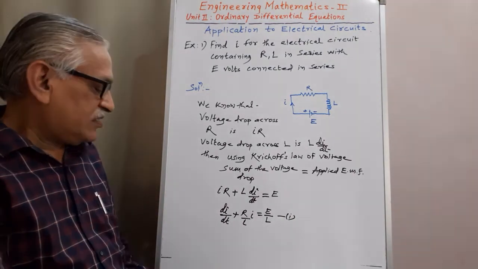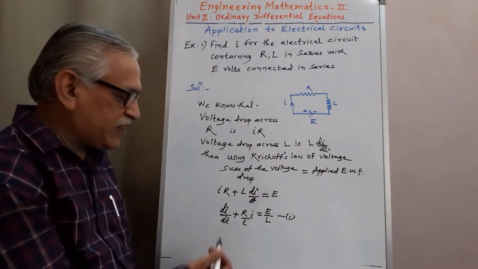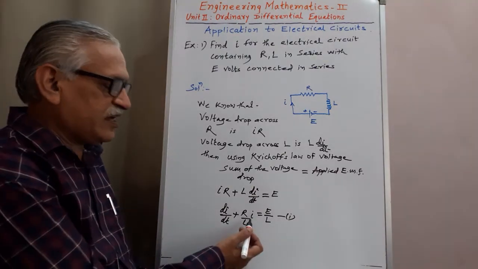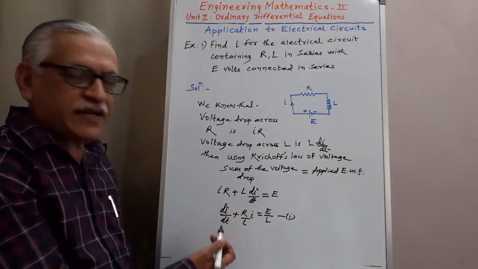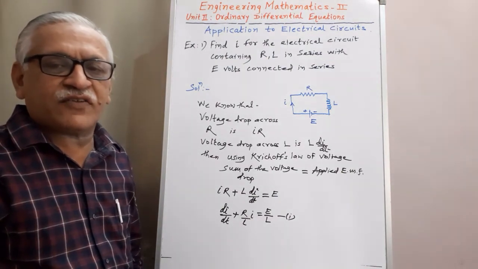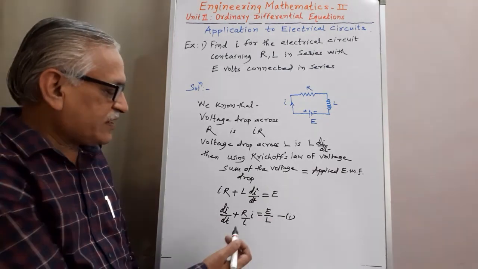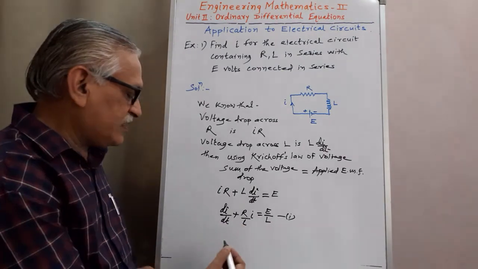This is the differential equation with I as the dependent variable and T as the independent variable. The degree of its differential coefficient di by dt is 1, so the first condition of a linear differential equation is true, and since the terms are not multiplied together, equation 1 is linear.